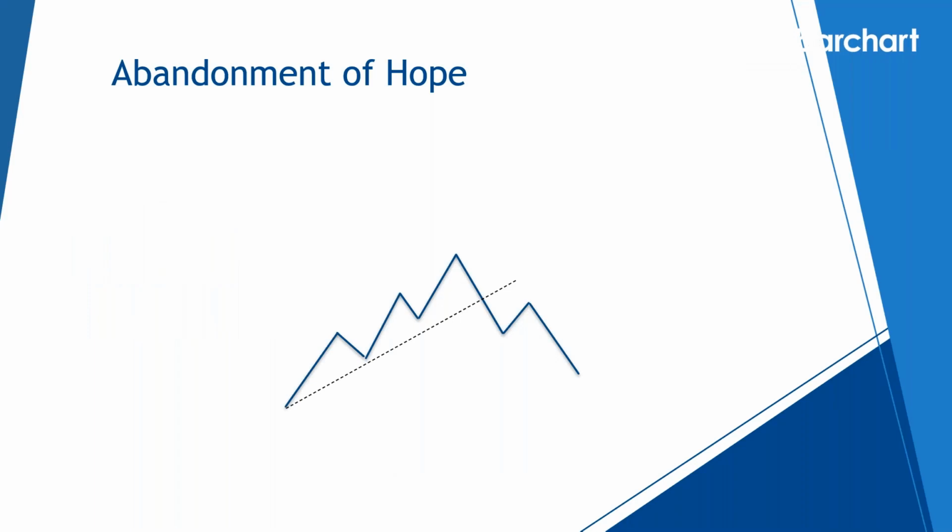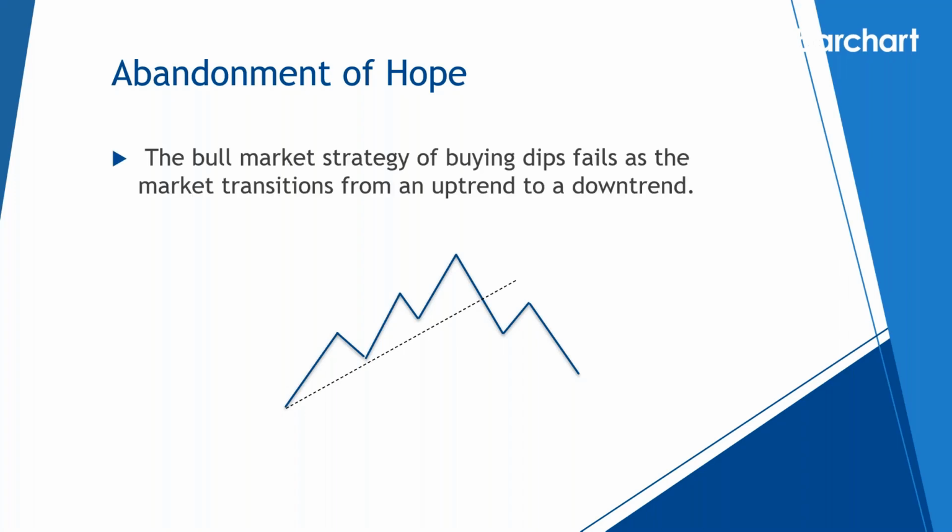First, abandonment of hope. What he's really saying here is the transition of markets from bull uptrends to bear downtrends, and the strategies that bull markets use, particularly buying dips, fail as the market transitions from uptrends to downtrends.